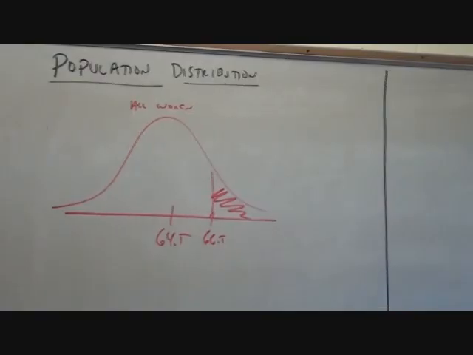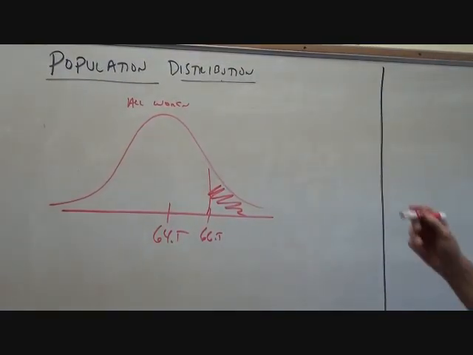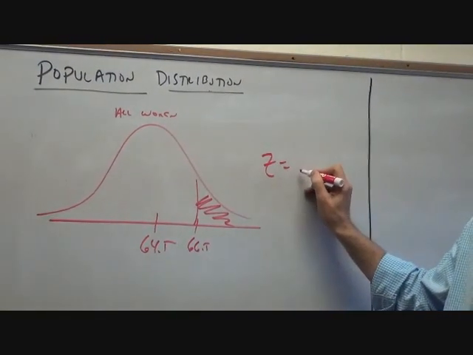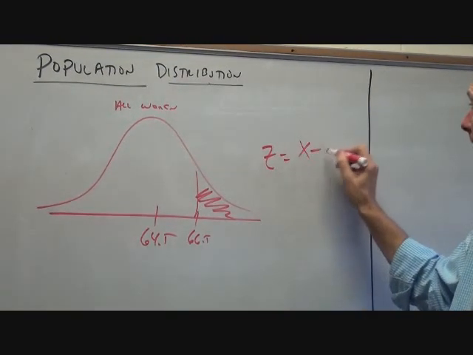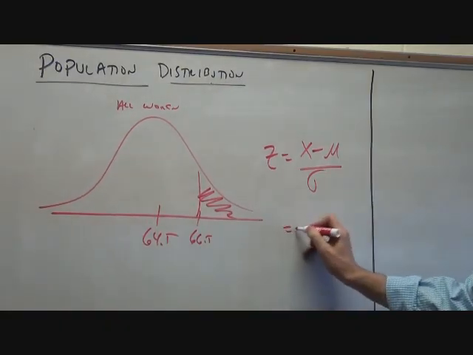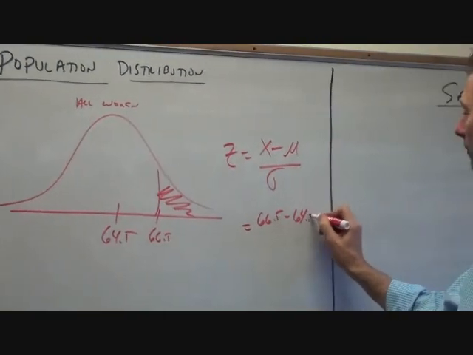What do I do next? Z-score formula. So what is the Z-score formula for this? What do we got? Good. Isn't our old Z-score formula how many standard deviations away we are from the mean? Let's start plugging in some numbers. 66.5 minus 64.5.